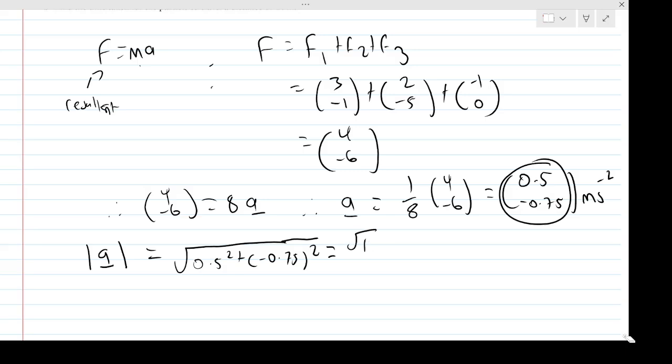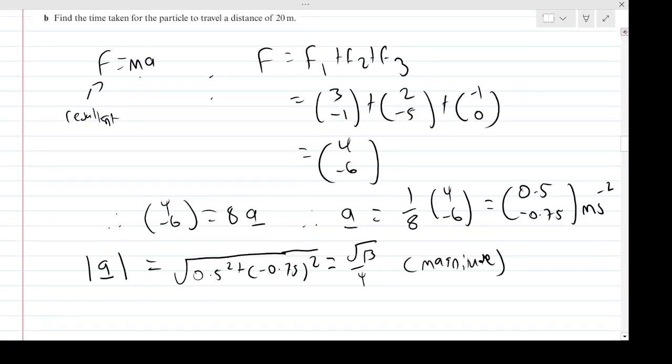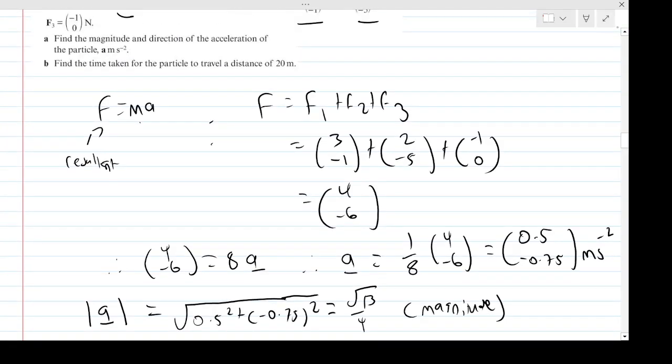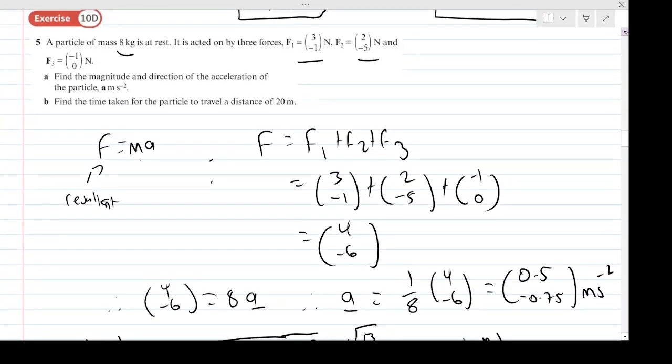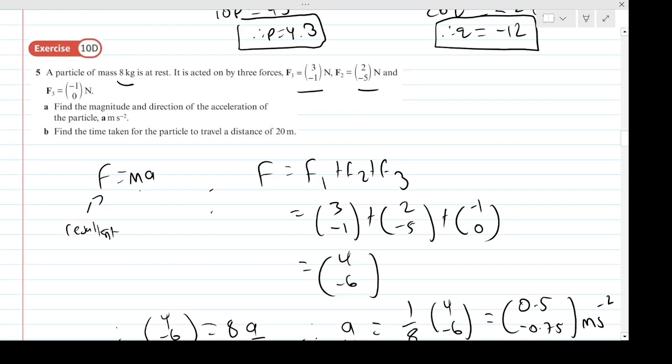In fact, I'm just going to leave it in exact form. Okay, that's the magnitude. By the way, we did look at magnitude earlier on in the chapter, but that's the magnitude.